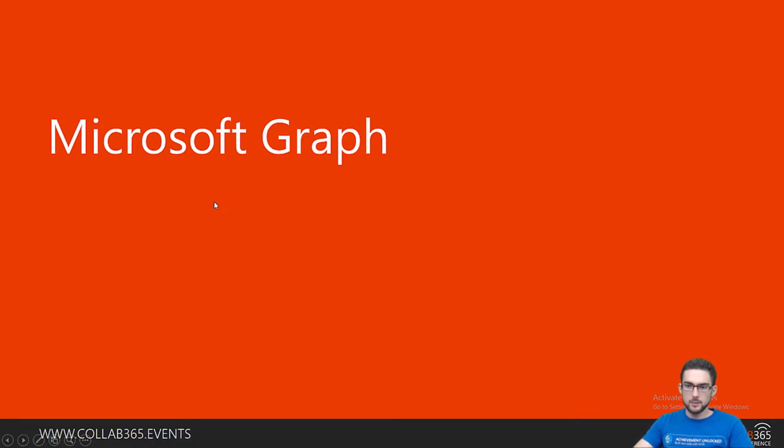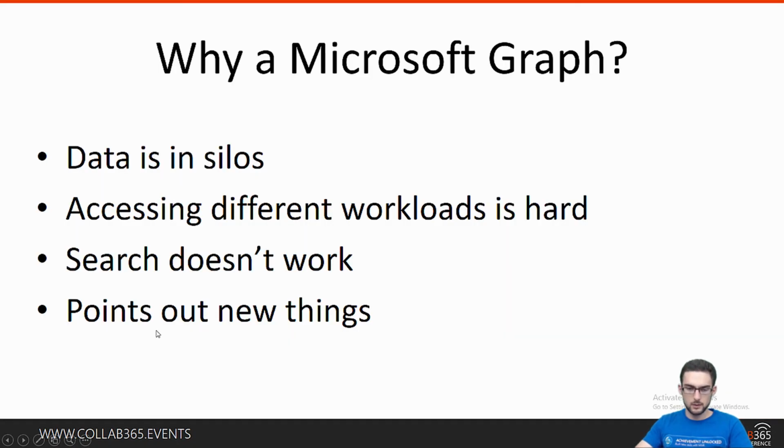Let's talk a little bit about the Microsoft graph and not anymore the Office graph. So why is Microsoft investing into a graph? Before the 2013 generation and the cloud and so on, data used to be in silos. So you have all the document stuff and the business portal and so on in SharePoint, all the emails in Exchange, all the conversations in Yammer, all the voice calls and so on in Lync, and so on and so on.